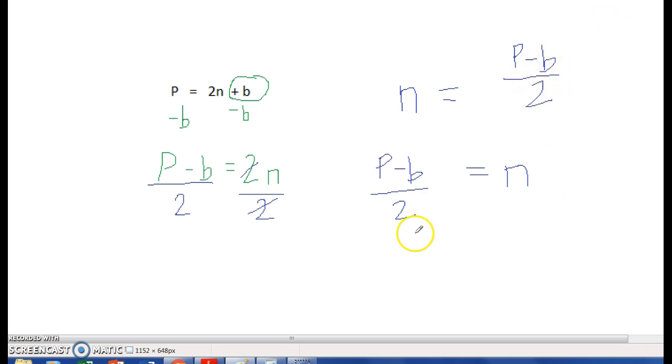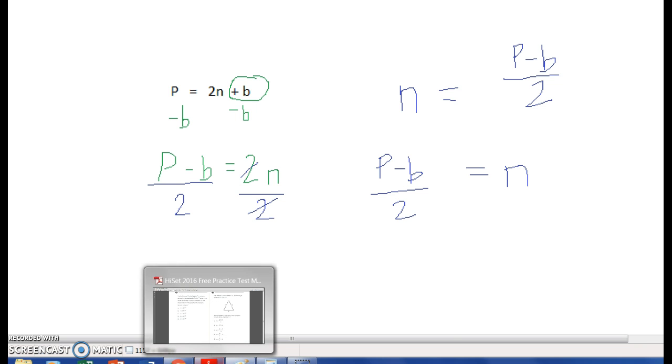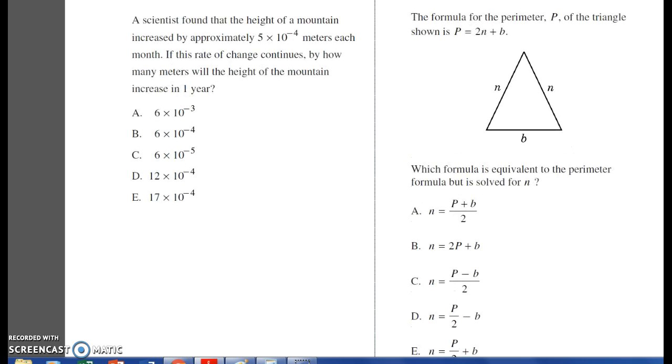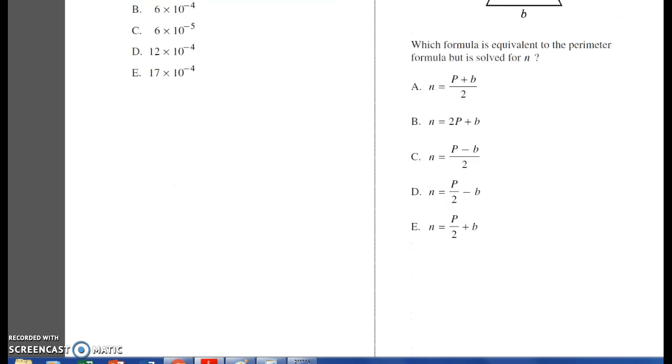They're both telling us what n is equal to. So we're going to go back over here, and what we're wanting is n equals P minus b divided by 2. So 6 is going to be your answer. We were able to do that without having to really do anything with the perimeter formula other than solve for n, which is what they wanted us to do.